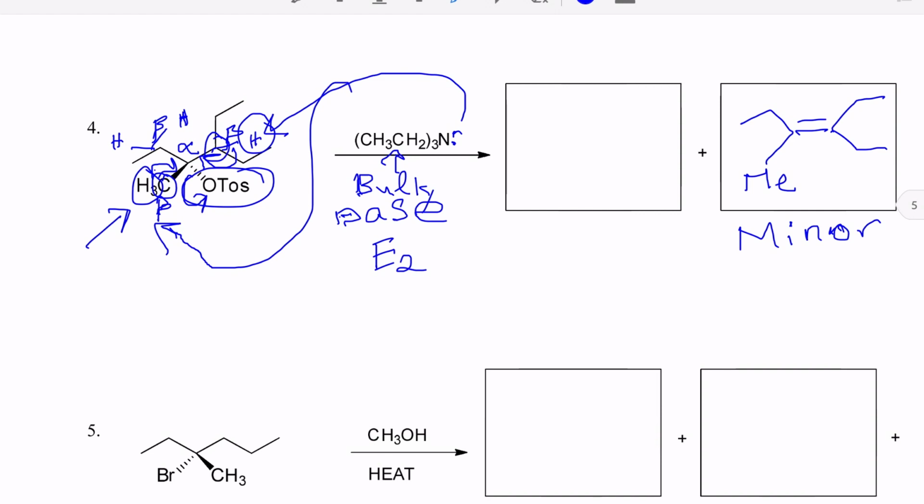And it gives us the following final product. I'll just add the carbons here to make it a little bit clearer. We've lost a proton, but we still have the other two protons, and it's formed a double bond. So this is our major product.